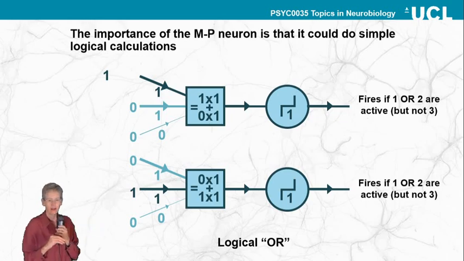And in the second neuron, the first input isn't active anymore, but the second one is. So the sum of all of those inputs is still 1, and that still exceeds the threshold, so the neuron will still fire. So this is a neuron that will fire when input 1 is active, or if input 2 is active, so it's a logical OR.